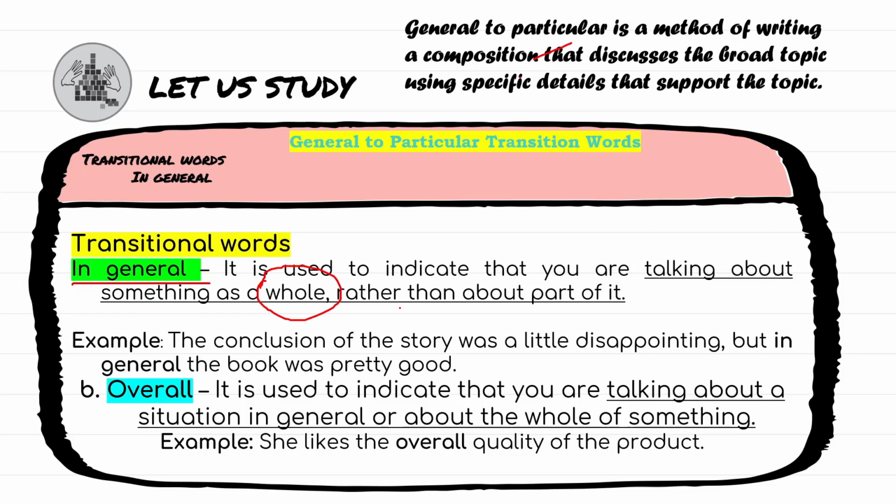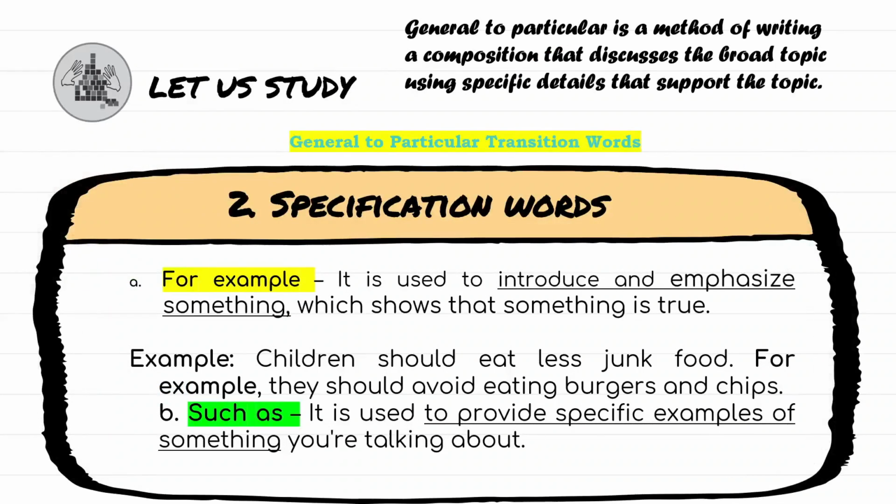Not specified, but the whole idea of something. The idea is the quality of the product. She likes the quality of the product. Isn't it that when you like the quality of a product, it means that the quality is good, okay? Alright, so let's proceed to the next one.